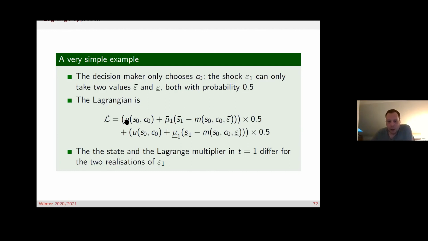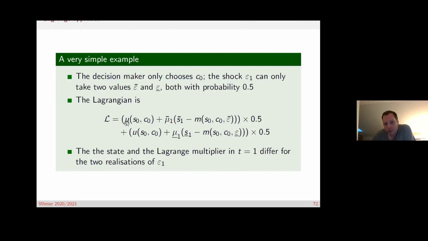There is basically only one shock that you consider, and this shock is super easy because it has only two realizations, epsilon upper bar and epsilon lower bar. Both happen with probability 0.5.